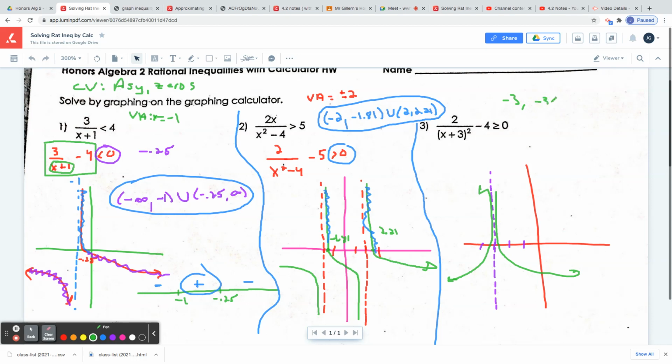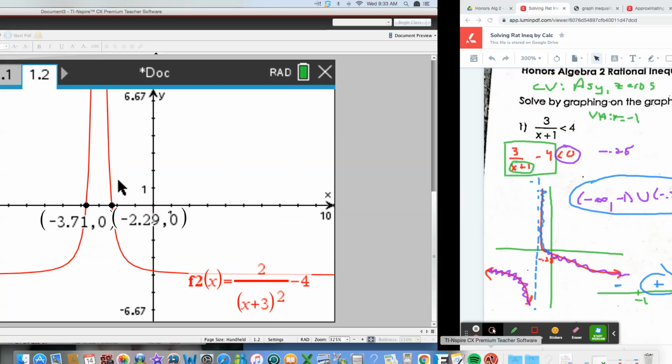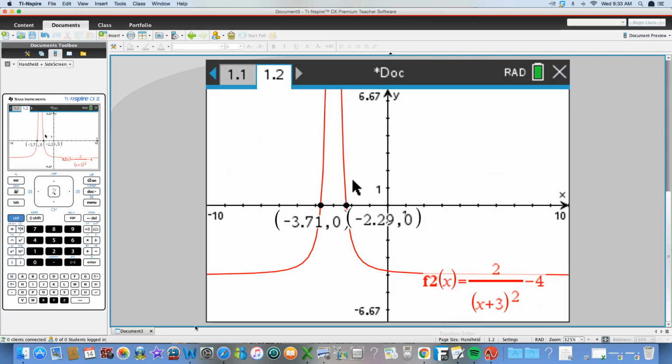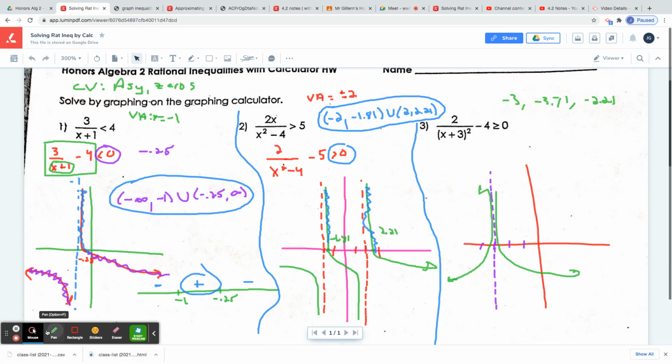The zero is negative 3.71, and I think the other one is negative 2.21. Going out on a limb here. Don't know if that's right. 2.29, close enough. You guys get the idea. Yeah, that's a 9 anyway.